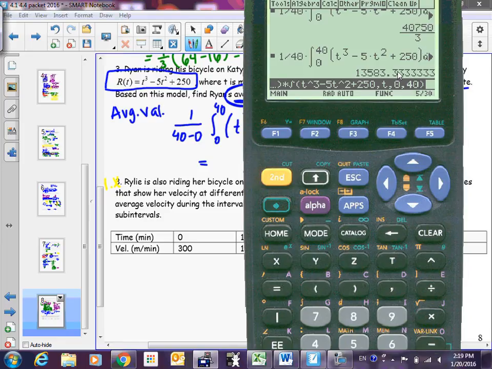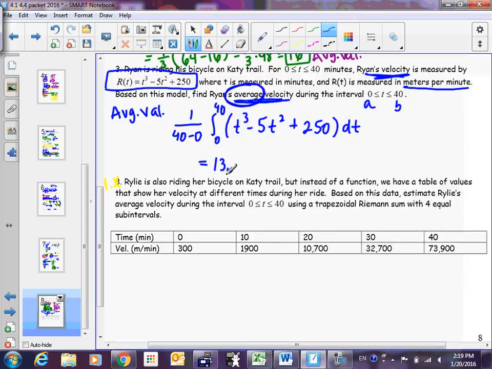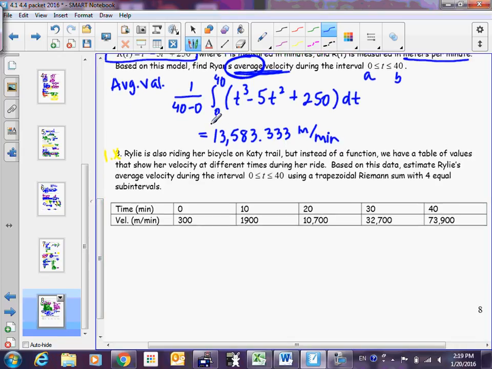If you put the decimal down, though, make sure that you go to 3 decimal places, 333. If you leave off one of those 3s, you might as well have left it blank. All right, and that's in meters per minute. Okay? So the same thing with the calculator, a lot easier because we don't have to do all the integrating and plugging in and stuff. So that's one way a word problem could be average value based off an equation.